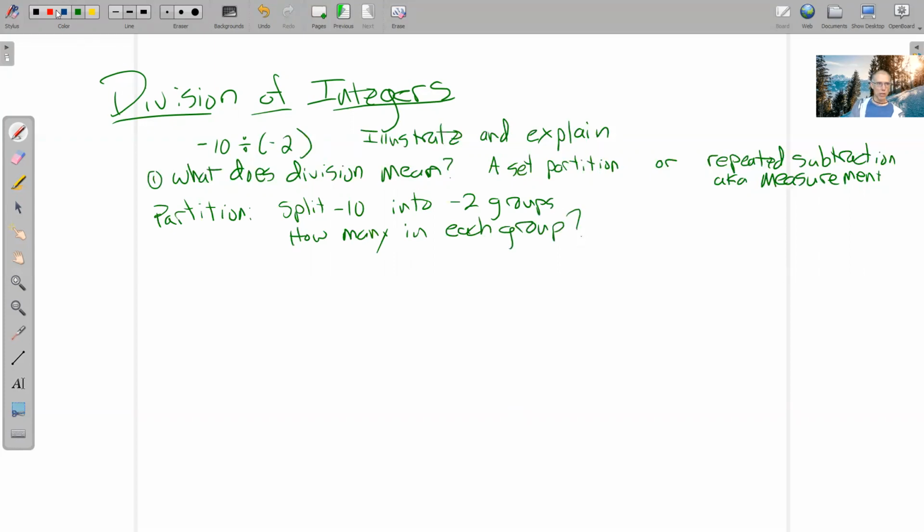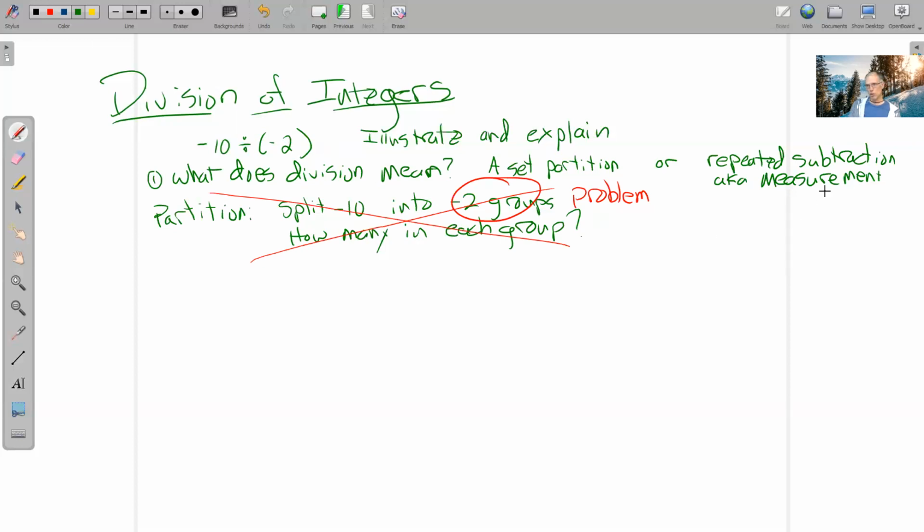Well, this is a problem right there, because I know what it means to split it into 2 groups, but I don't know what it means exactly to split it into -2 groups. So that's kind of weird. I mentioned the other day in class that sometimes the set partition fails if we try to say we have negative groups. So that's something I can't do in reality.